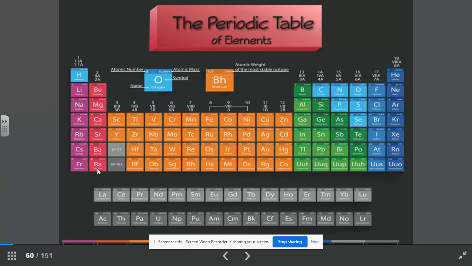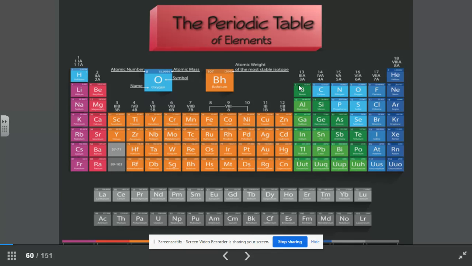These are shiny, silvery, and fairly reactive, not as reactive as group 1. Now, groups 3 through 12. Notice the orange here. These are called transition metals. These are less reactive. Groups 3 through 12.